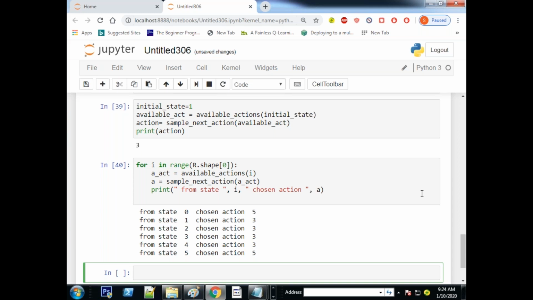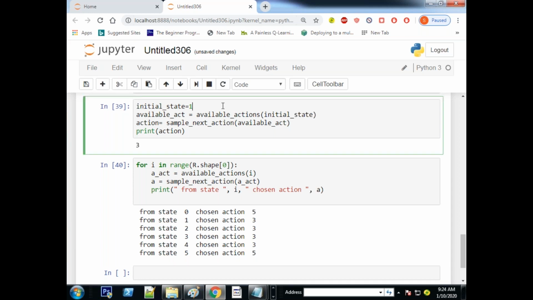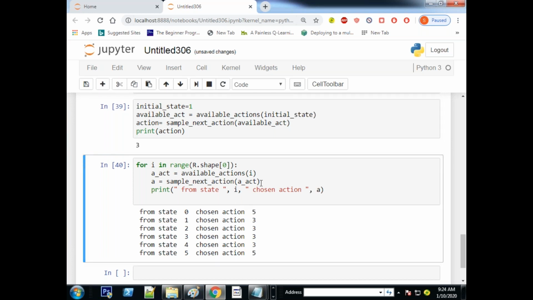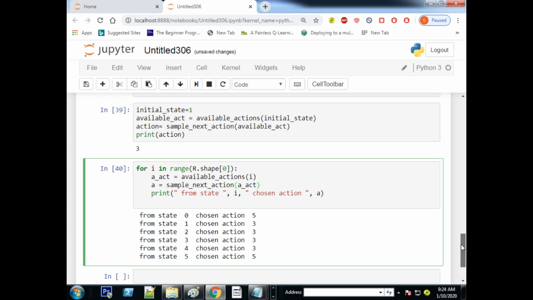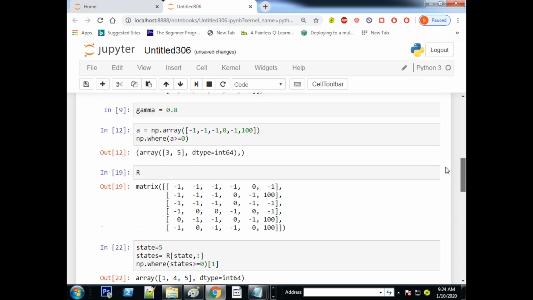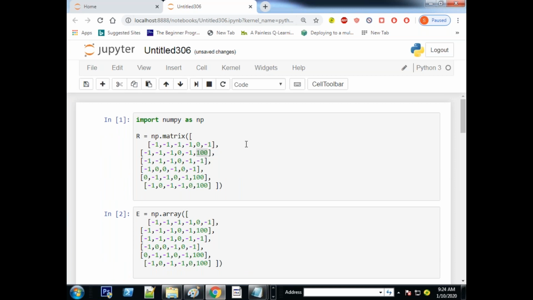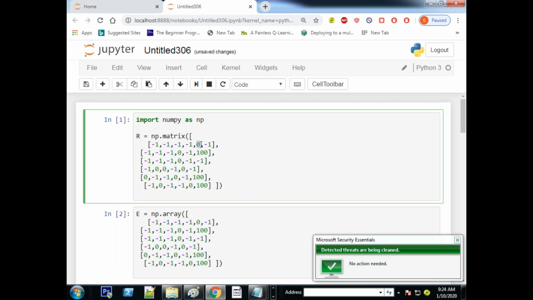But 0 to 5 is not possible, right? From 0, what is the possible action? Only 4 is possible. But it has picked 5. There is some mistake happened. Let me check the R value. Greater than or equal to 0.